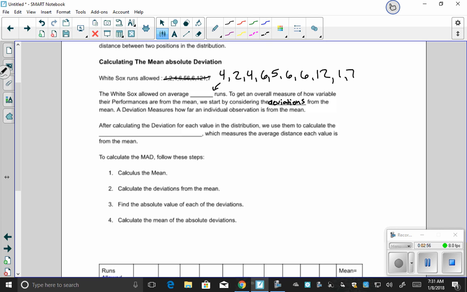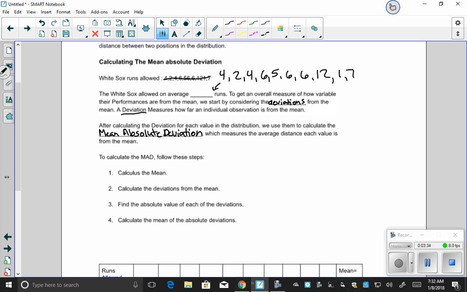A deviation, so this is the definition, measures how far an individual observation is from the mean. After calculating the deviation for each value in the distribution, we're going to use that to calculate the mean absolute deviation, which measures the average distance each value is from the mean.